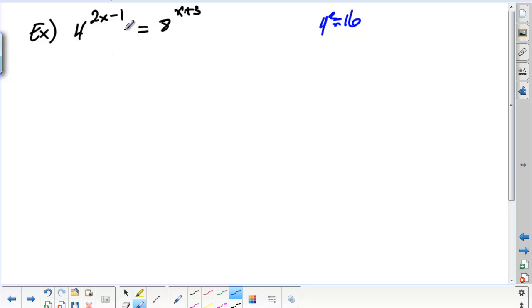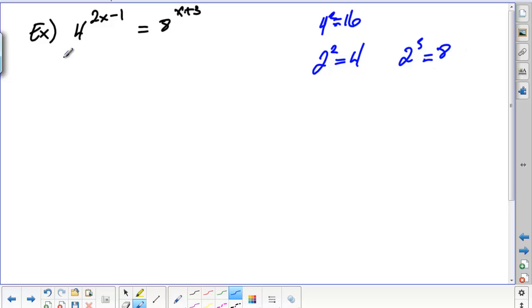So maybe we can rewrite them both as some smaller power. So if you think about it, what's 4 and 8? Those are both powers of 2, right? 2 squared is 4. 2 cubed is 8.